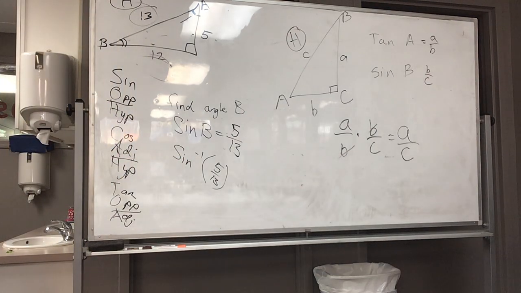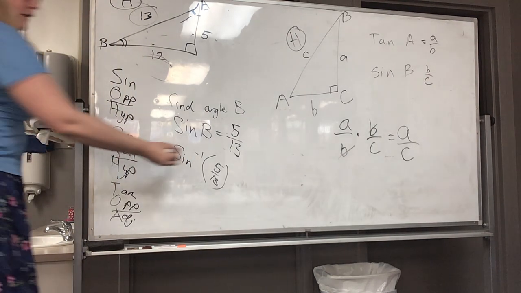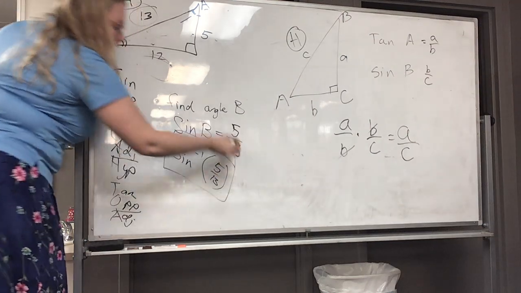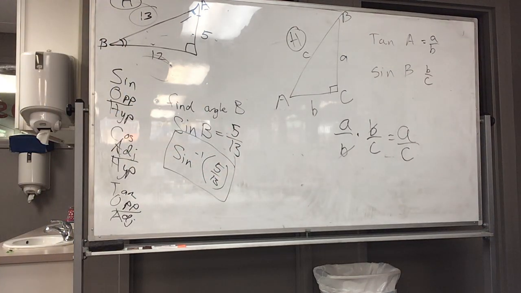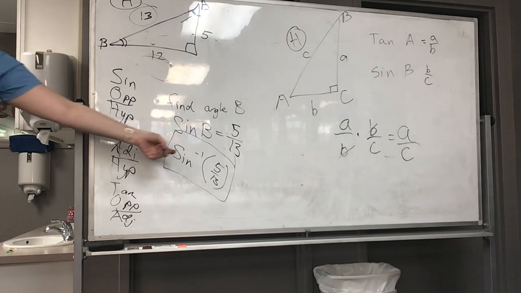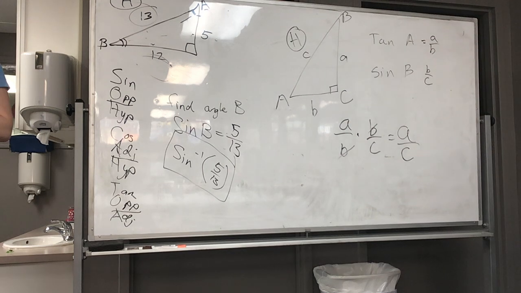But on the ACT, they're going to offer it up to you like that. You're going to leave it in that form, just like you leave a lot of your answers in a square root. It will show up in your multiple choices as sine -1 or sine inverse of 5/13.